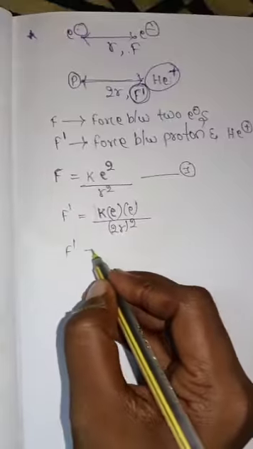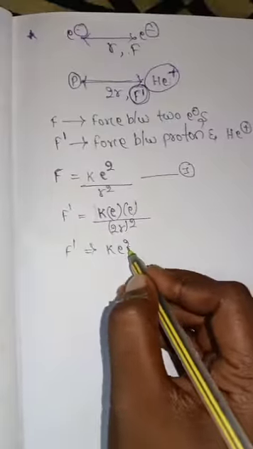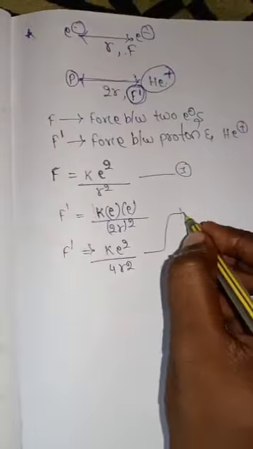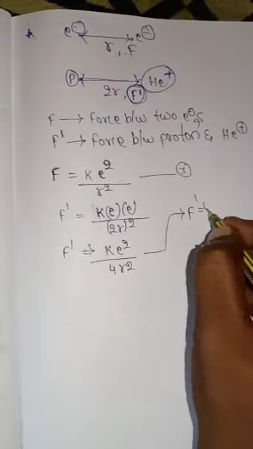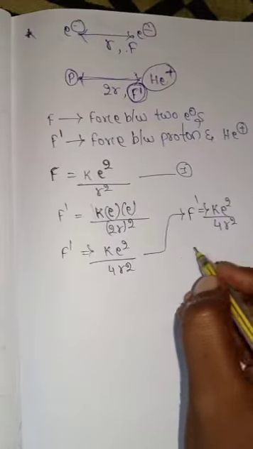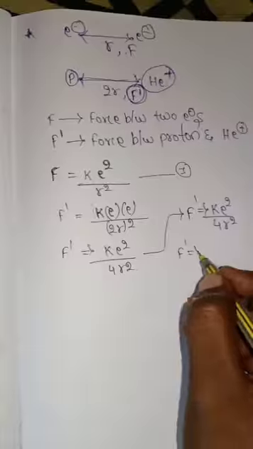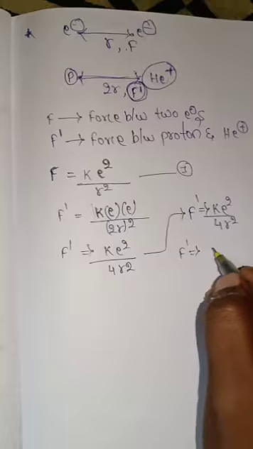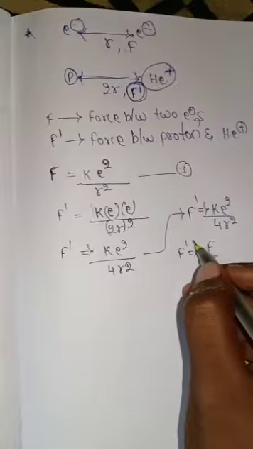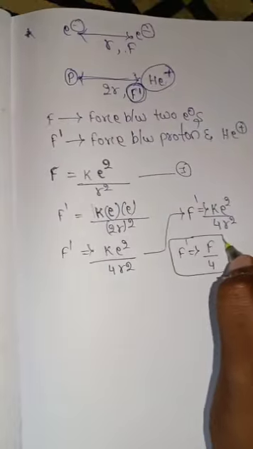So F dash becomes k e square by 4r square. In terms of the previous force, it is 1/4 of the previous force.